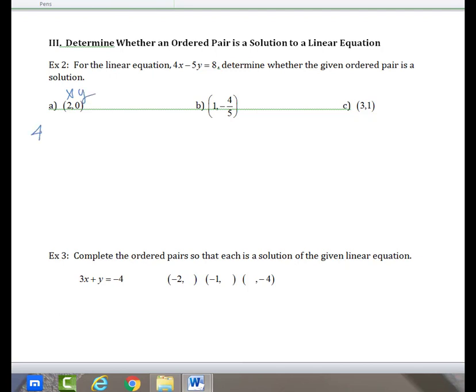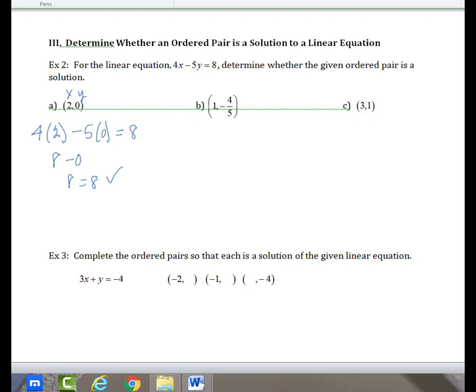So wherever we see an x in that equation, we're going to put the 2. And it's going to be minus 5y, so we're going to put in a 0 for y, equals 8. So you substitute both values, and then you evaluate. And we get 8 minus 0, which is 8. And since 8 equals 8, we know that that ordered pair, (2, 0), is a solution to that linear equation.